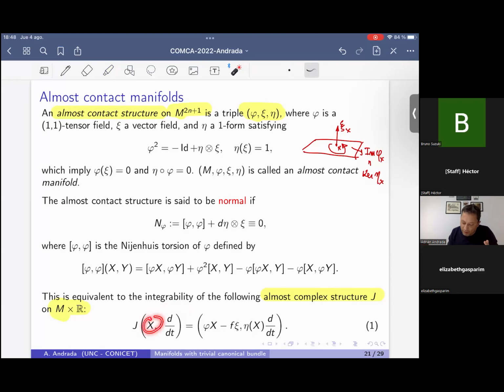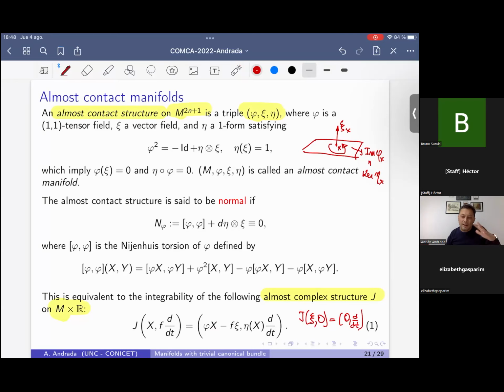J on this part, on the image of phi, is the same as phi. But then J sends psi to the usual vector field on the real line.